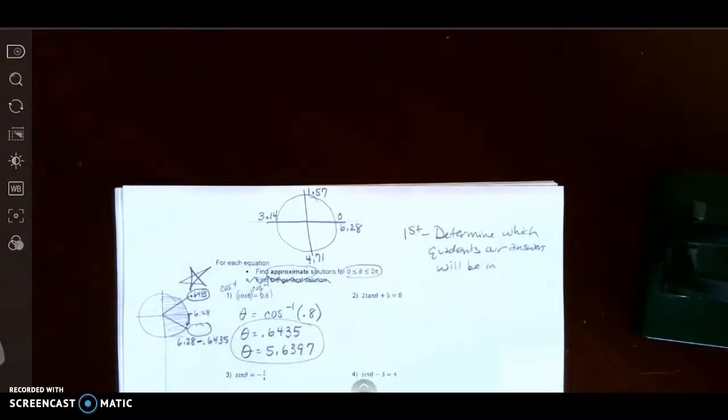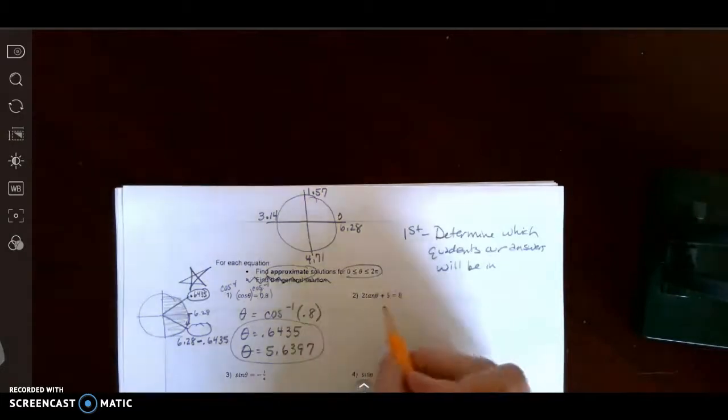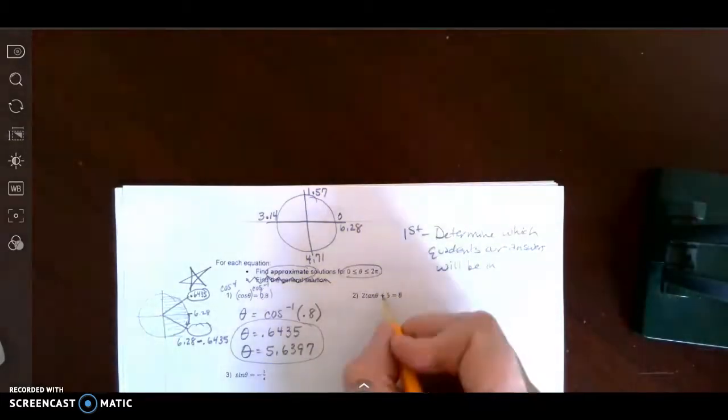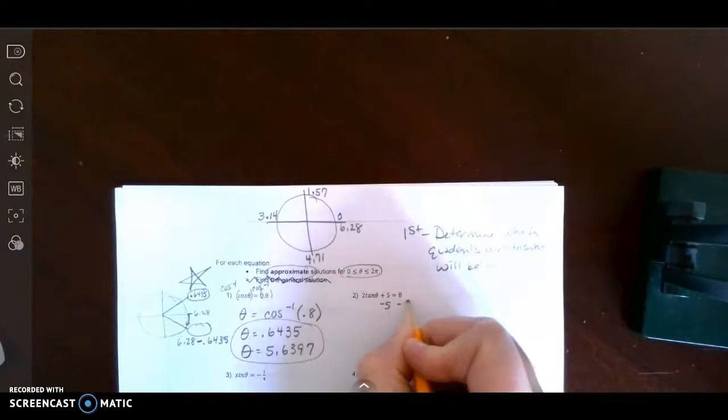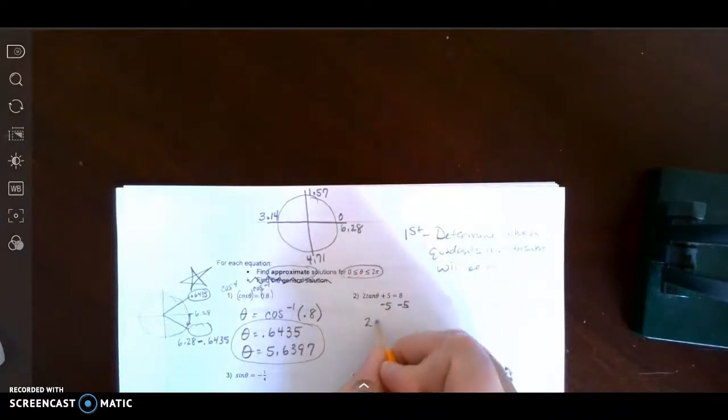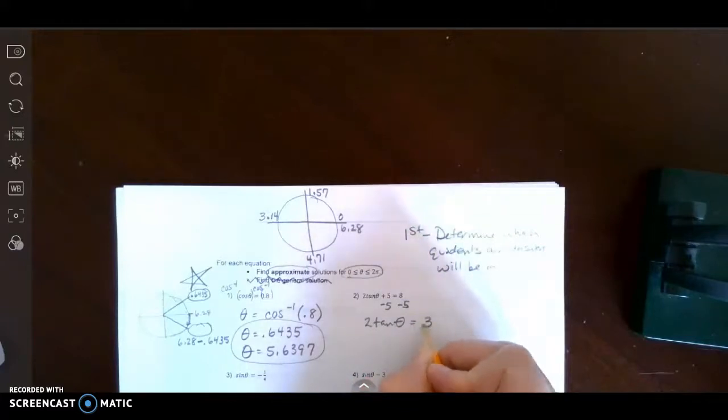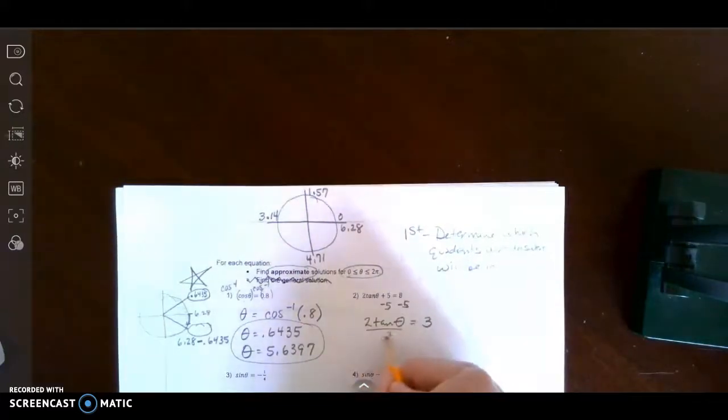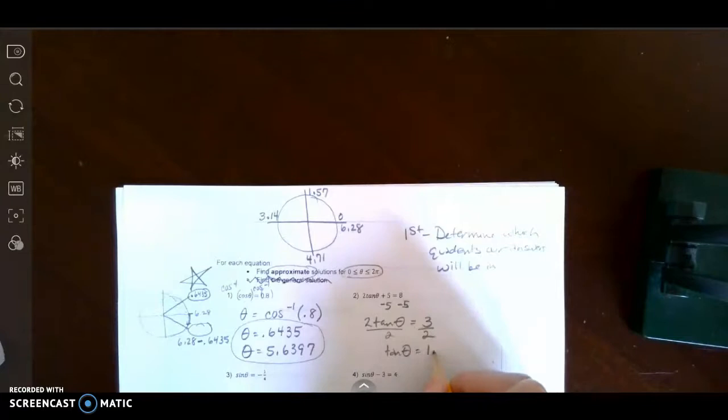Let's go to number 2. I've got to first subtract 5 from each side, and I get 2 times the tangent of theta equals 3. I divide both sides by 2, and I get that the tangent of theta equals 1.5.